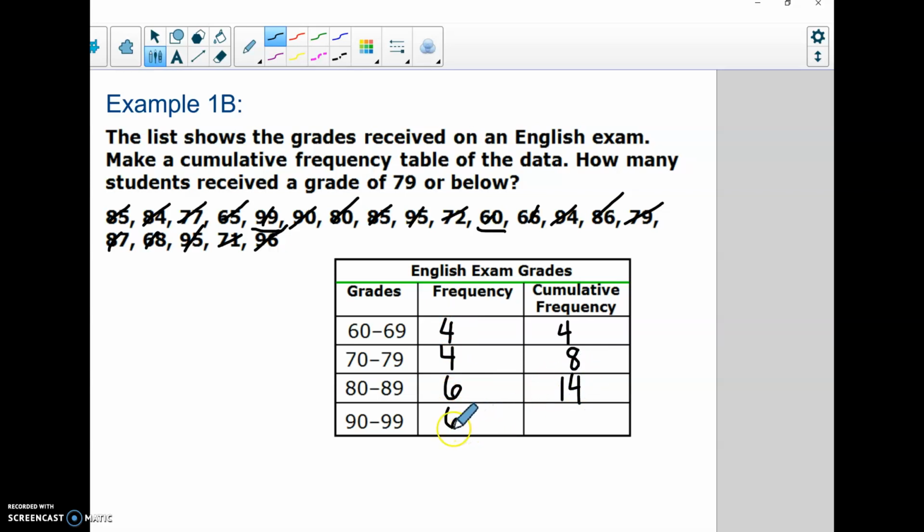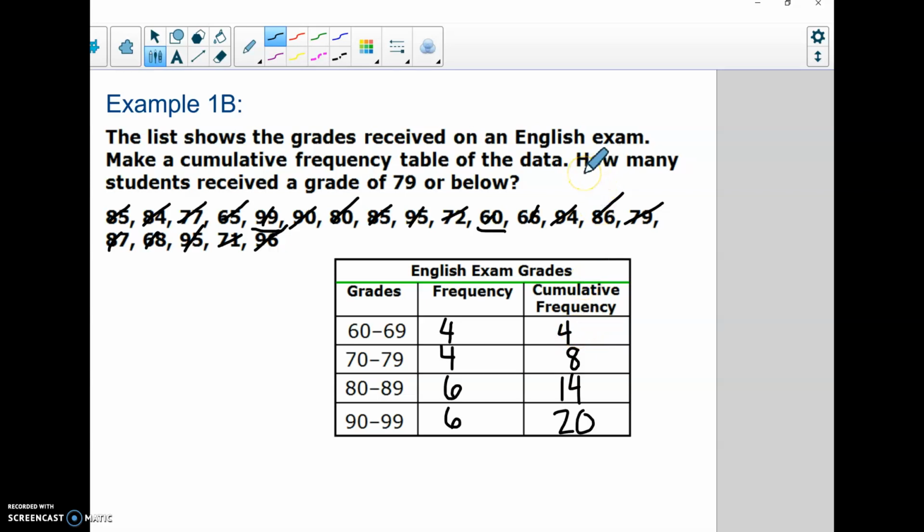And then add all 4 together and put the answer here. So what that means is for all of the numbers, there's 20, or 89 and lower, there's 14, or 79 and lower, there's 8, and 69, just 60 to 69, there's 4 people that got that score. Okay, so that's how you do that.